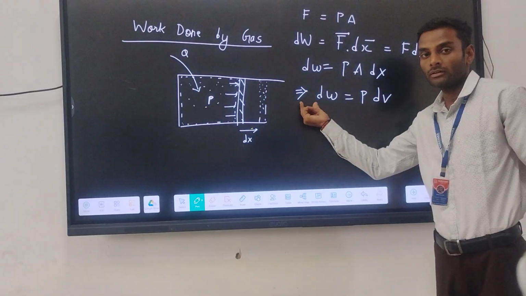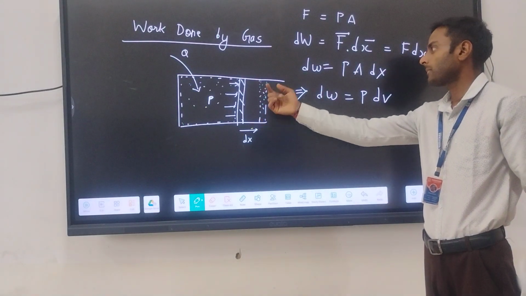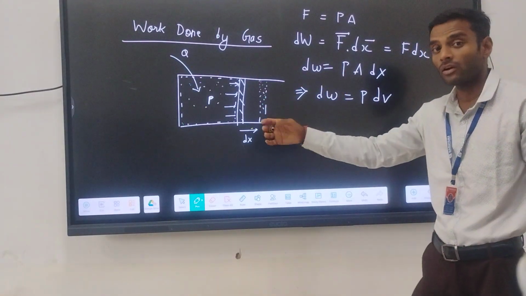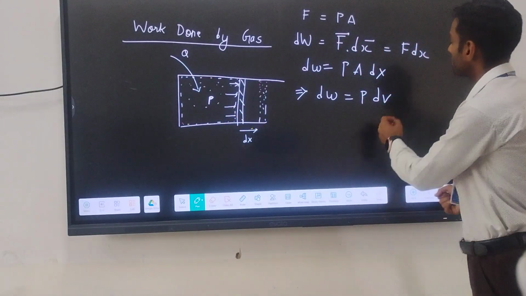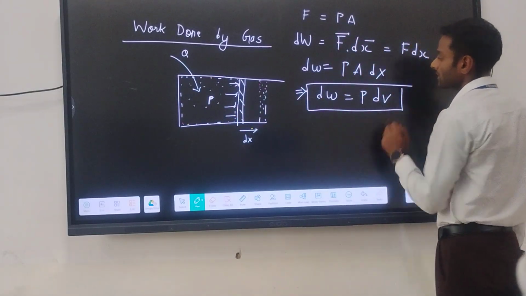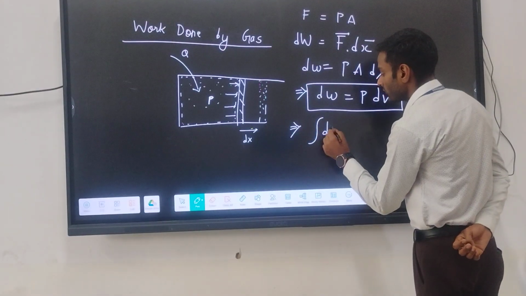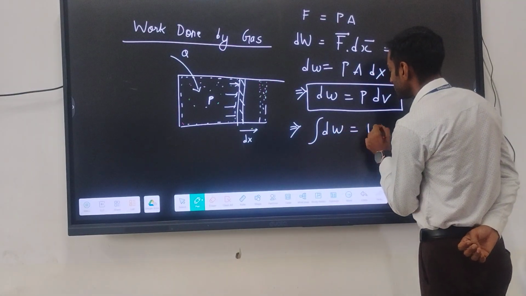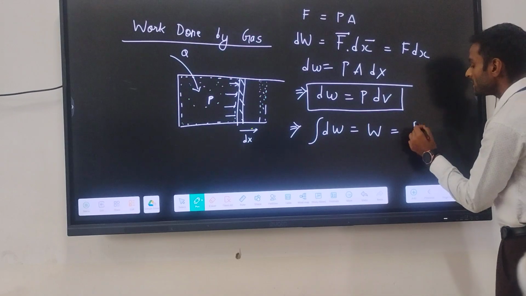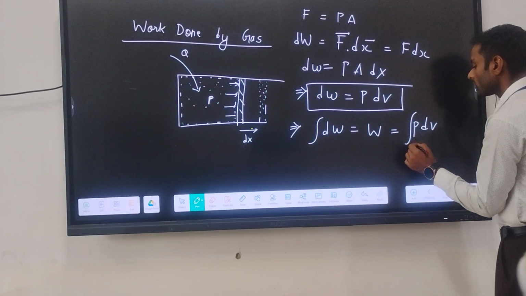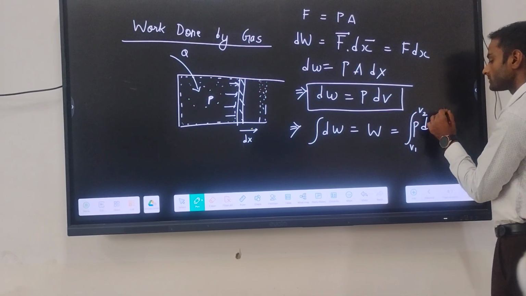So small work done by the gas on the piston is this much. If we want the complete work, we have to integrate, which gives P dV from V1 to V2.